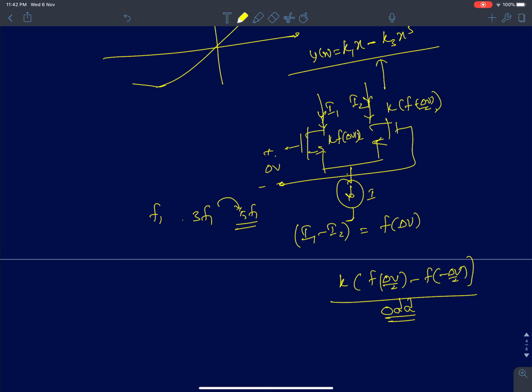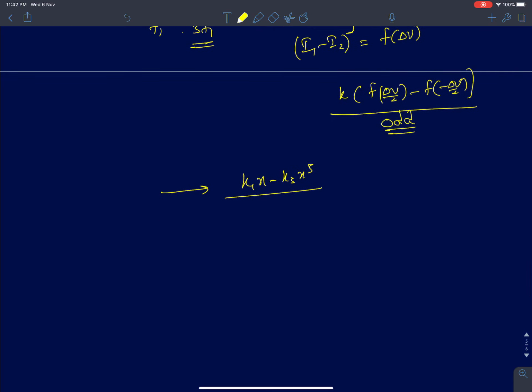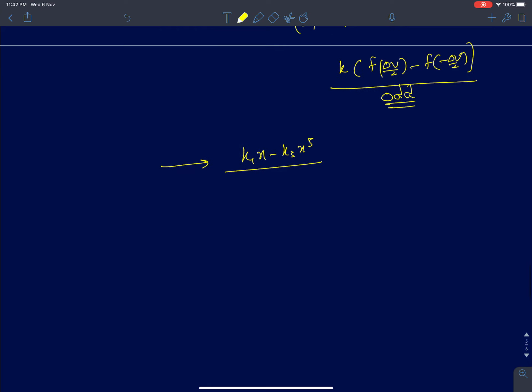So normally we approximate it up to the first nonlinearity, which is the third harmonic. Okay, and I took the example of k1x minus k3x cube, and we showed that for this nonlinear system, if I feed a sinusoid A cos omega naught t as an input, the gain actually starts reducing as you keep increasing the amplitude.